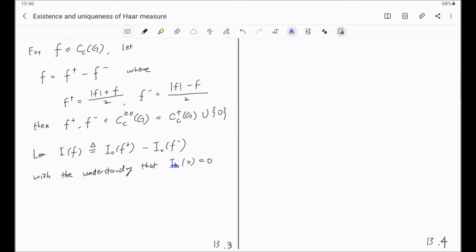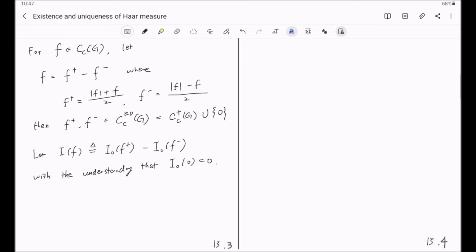Previously, we only defined I0 on C_c^+(G), but it doesn't matter to extend it by one point, and that one point is just the zero function. Okay, now we have extended the definition of I0 to all of C_c(G).